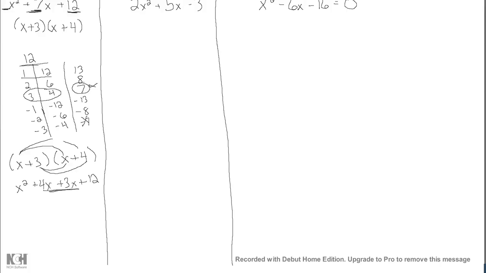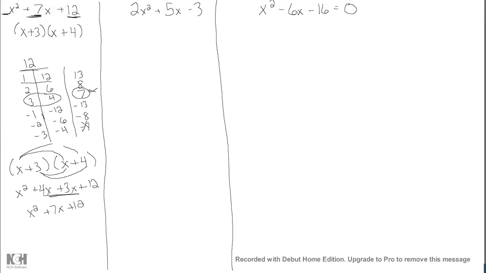Combine my like terms in the middle. I end right back up at where I started. Now, since the FOIL method resulted in the original problem that I started with, I know that this is my factorization.